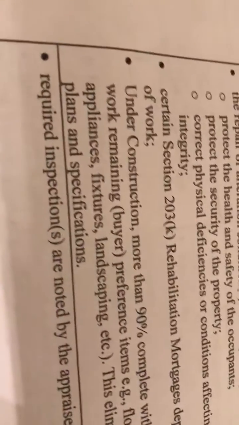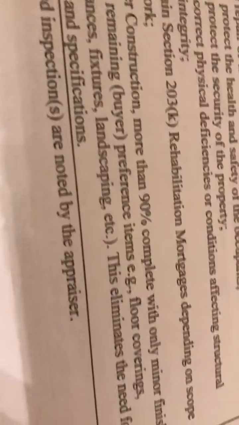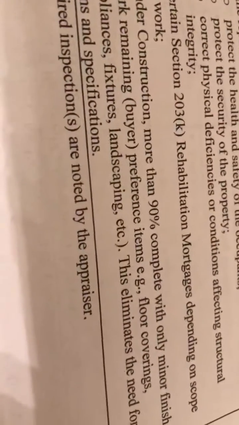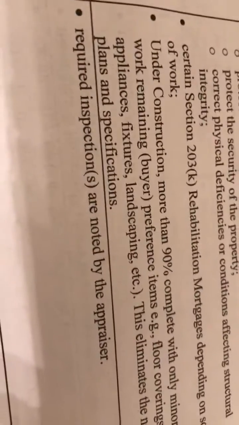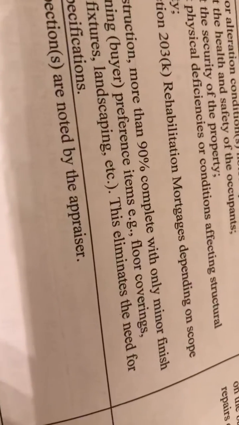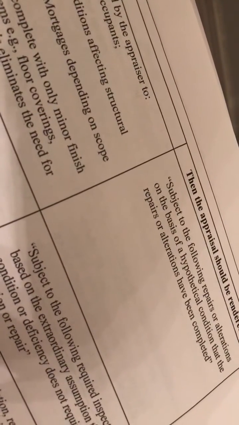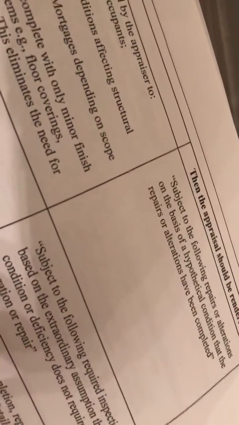When under construction, more than 90% complete with only minor finish work remaining, buyer preference items, floor coverings, appliances, fixtures, landscaping, etc., this eliminates the need for plans and specifications. Then the appraisal should be rendered subject to the following repairs or alterations on the basis of a hypothetical condition that the repairs or alterations have been completed.